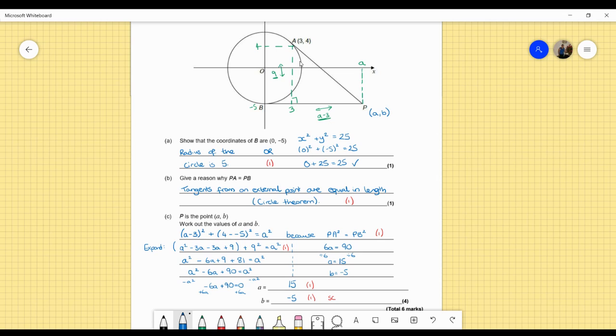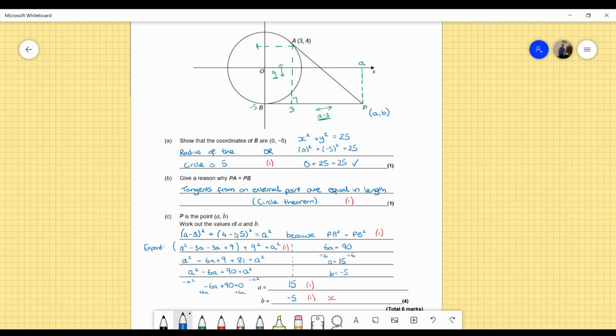I also know that PA and the line PB, okay, are obviously equal to each other, and therefore if we square them, they would be equal to each other. So that's going to help me with the fact that PA squared is equal to PB squared, and I know that this side, okay, is going to be a squared.